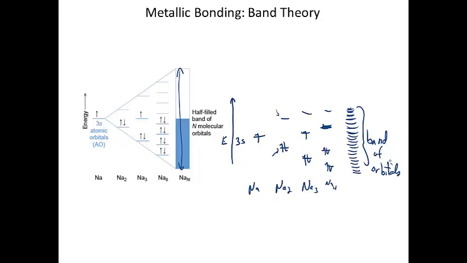And depending on the particular atom you have and how many electrons that atom has when it's making the solid, this can be at different levels of filled. Not all of those orbitals have to be filled. In the case of sodium, because each orbital starts with 1 electron and can hold 2, sodium happens to be exactly half filled. And as we'll see in a minute, that's not true for all other things.